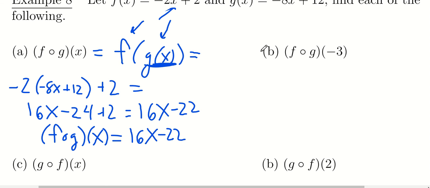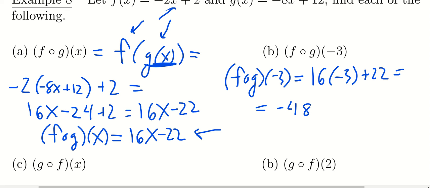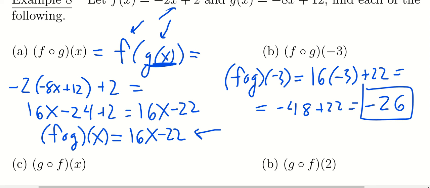In part B, if they want us to find f composed with g of negative 3, because we just found that function, we can simply plug it in. This is going to be f composed with g of negative 3. So everywhere we see an x in our function, we can plug in negative 3. This is going to be 16 times negative 3 plus 22. That's going to be equal to negative 48 plus 22, which should be equal to negative 26.